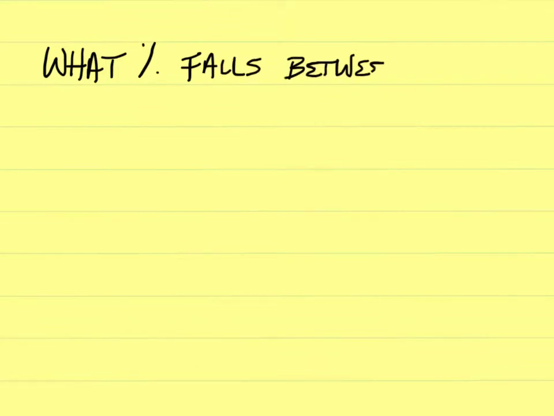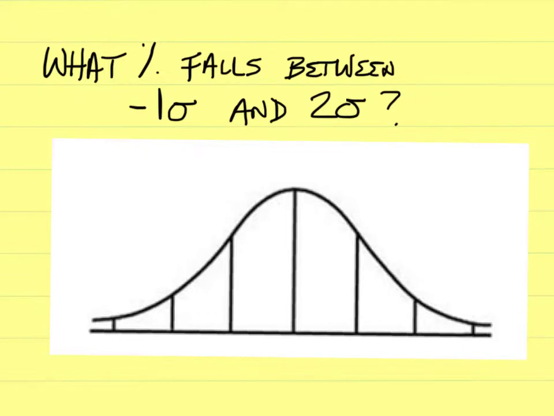Question number 1. What percent of the data falls between -1 standard deviation and the positive second standard deviation? So don't forget your percentages. Well, first, the average, we'll use mu is here, and then you have 1, 2, and 3. This is -1, -2, and -3 standard deviations.